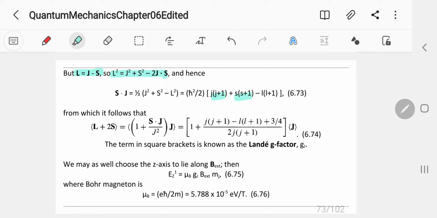For S you have this, and for L you have L times L plus 1. And so it follows that this one here would be written in this form.